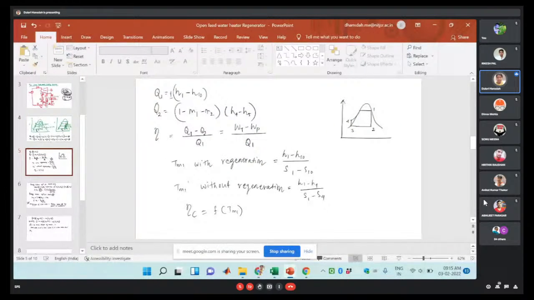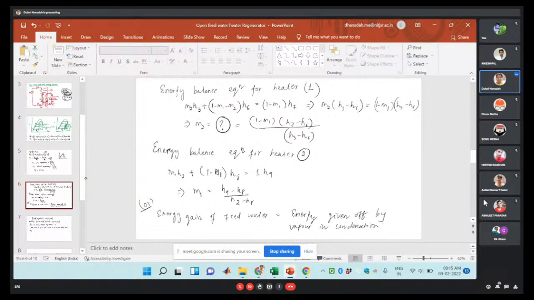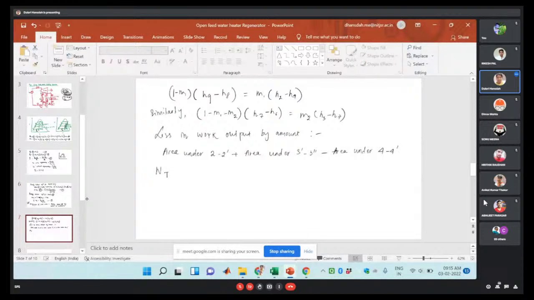Give the equation name here. Equation 3, 4, 5. This is the 6, 7, 8, 9. Okay. So first equation, if I'm writing, that is the 1 minus H1 minus H2.